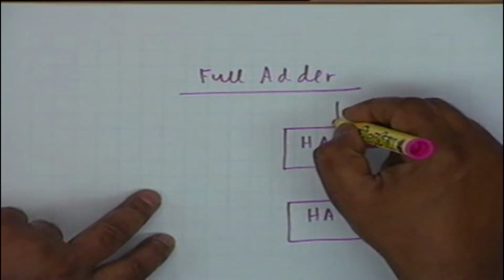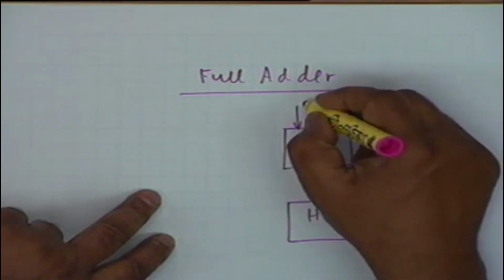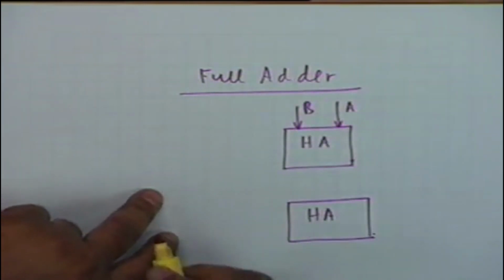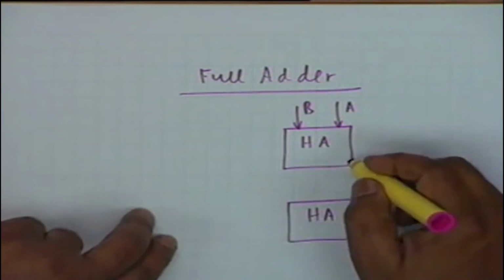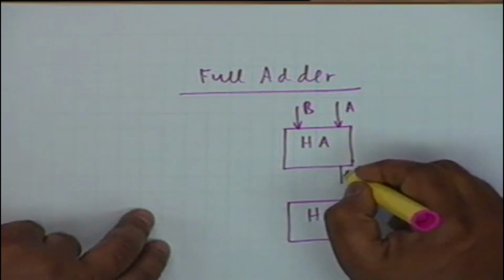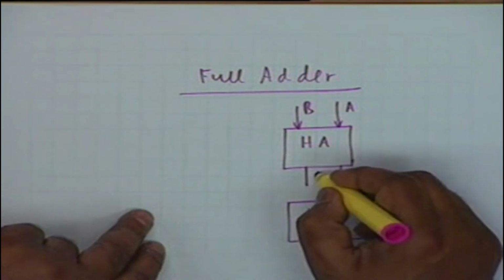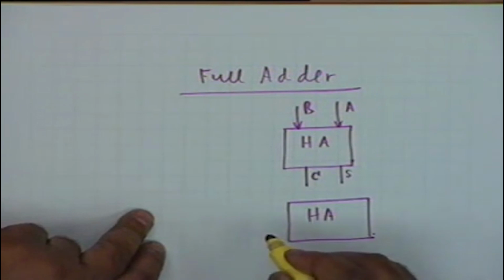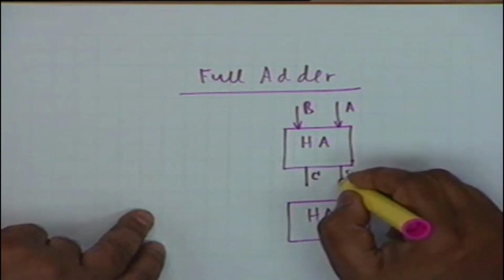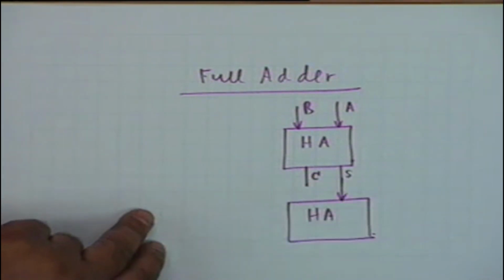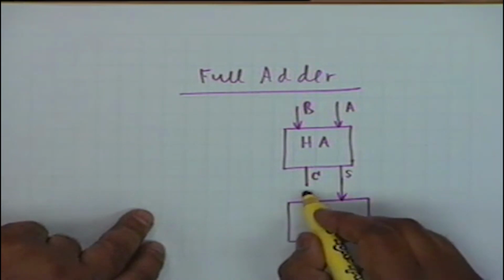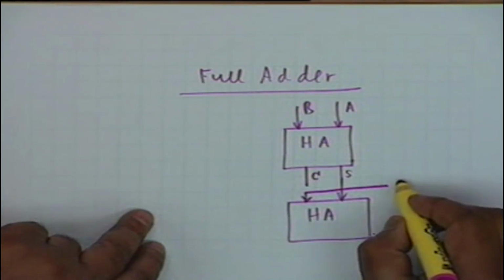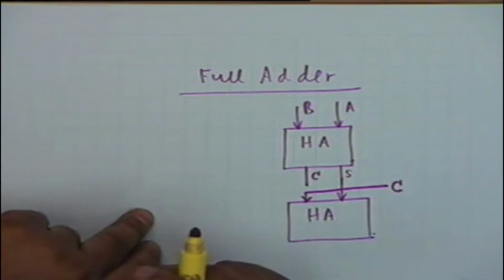Suppose I want to add two bits, A and B. The result would be sum and carry. This is a half adder. Now the sum comes to the next half adder and adds to the carry of the previous addition.